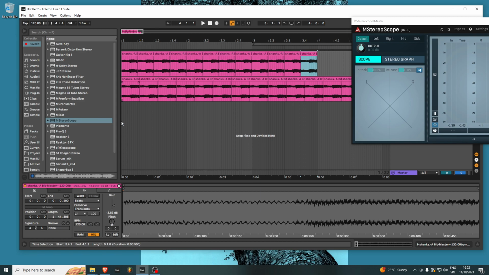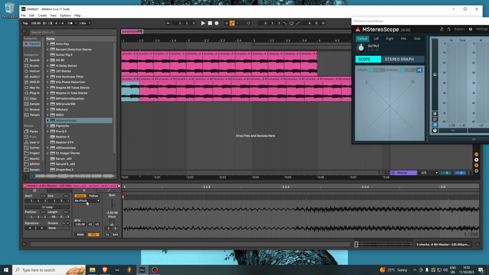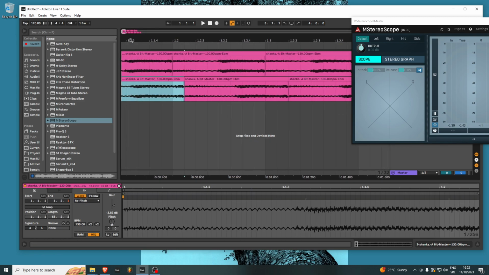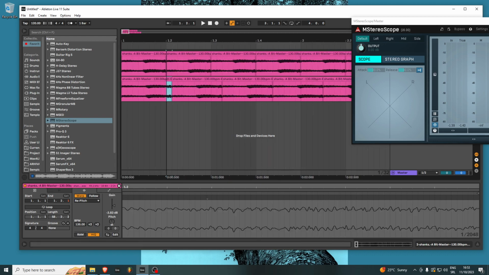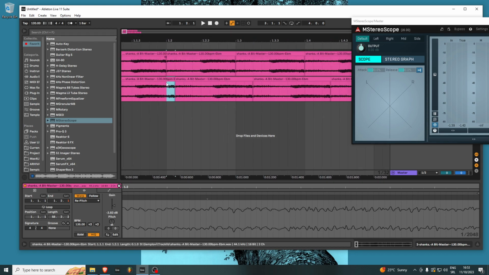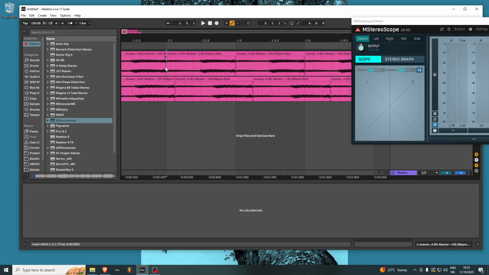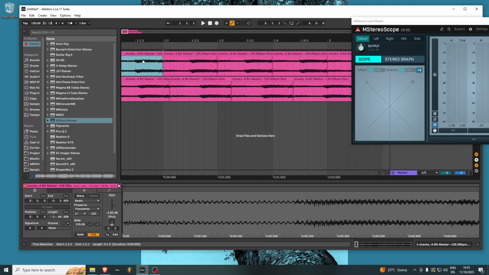So I warped it and I set it to repitch, and I offset its length, by a 32 note. Is it a 32? Yeah, it is. So I offset it by a 32 note length and division in relation to the initial sample.